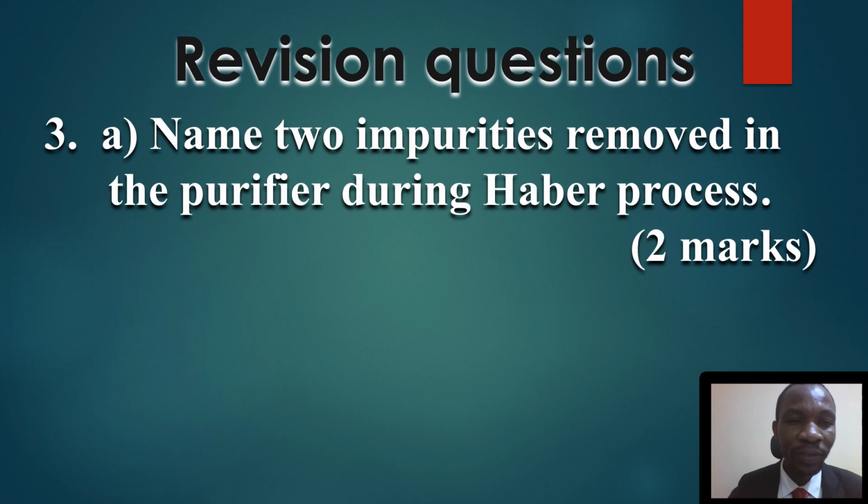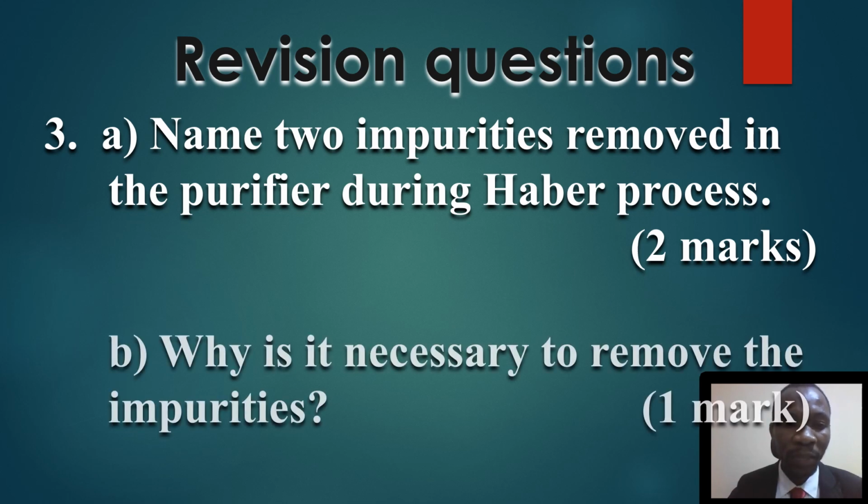The third question, part A: name 2 impurities removed in the purifier during the Haber process. Part B: why is it necessary to remove these impurities?